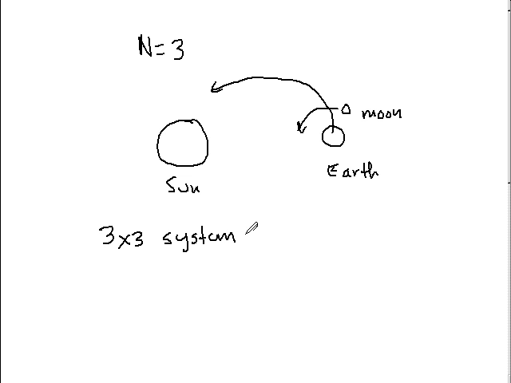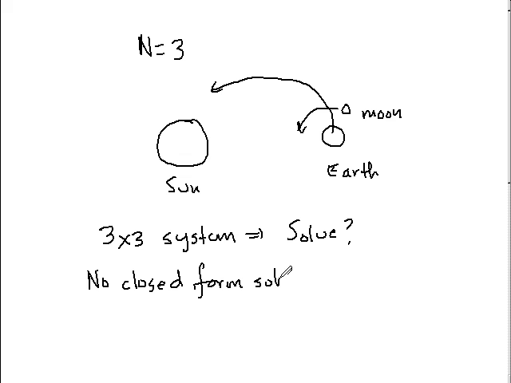So you have a 3 by 3 system, and you can try to solve it. And the question is, are there any stable orbits? Are there any stable things where these things don't actually spiral in? Can you find cases where this will orbit around and there will be what are called Lagrange equilibrium points? So it turned out that this was very, very hard, and that there was, in fact, no closed-form solutions.